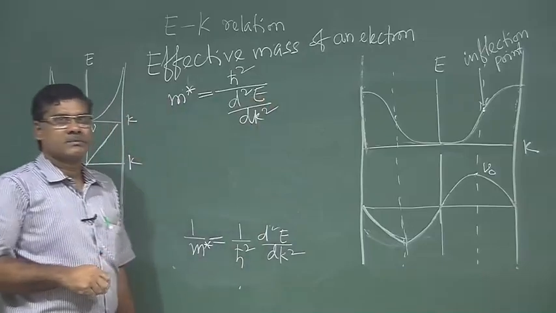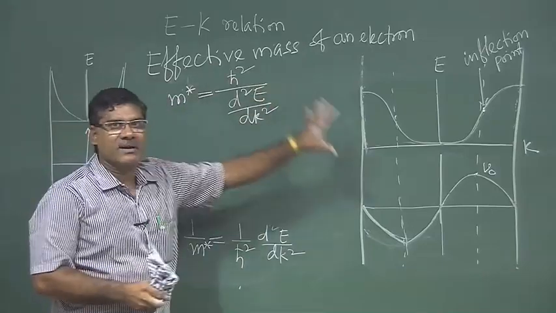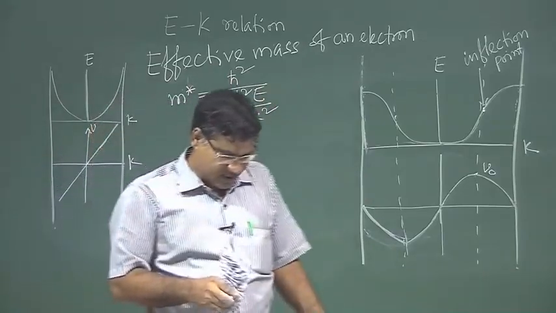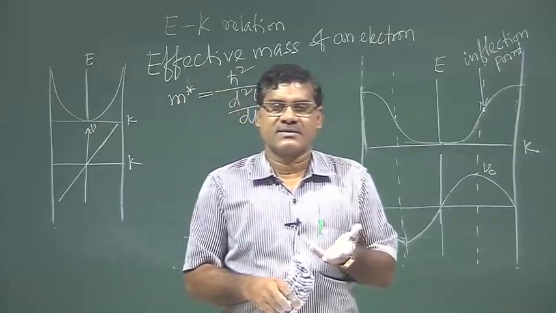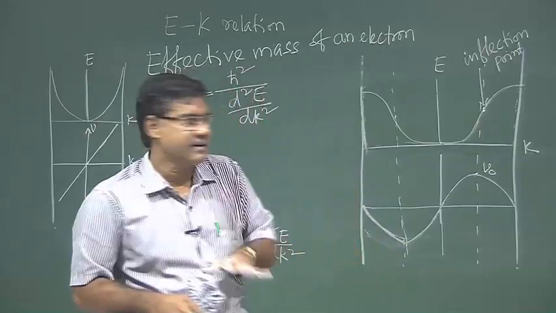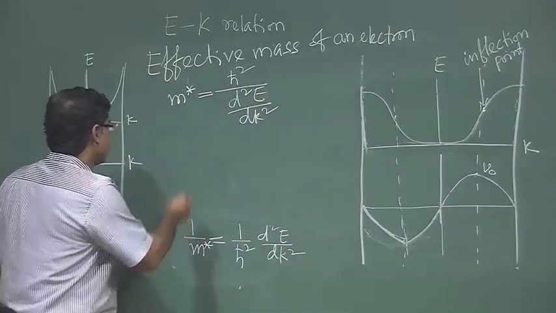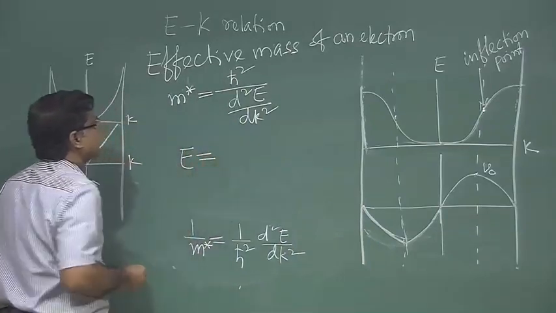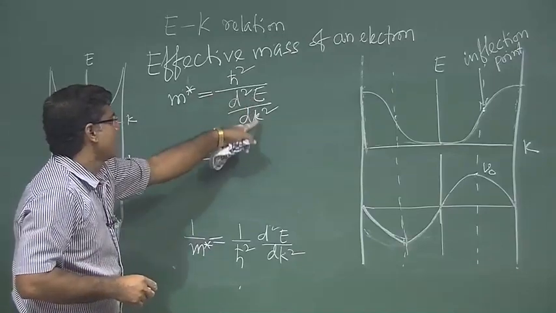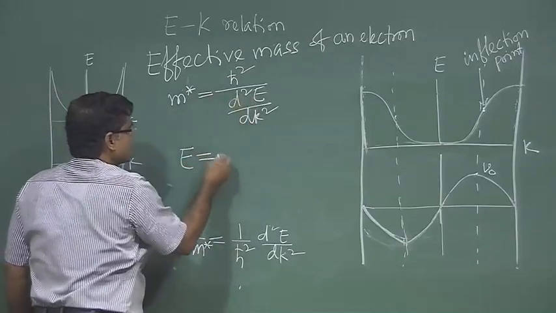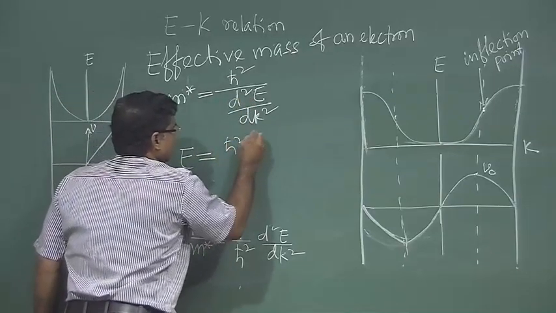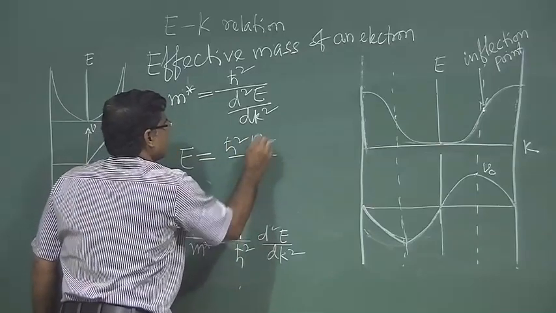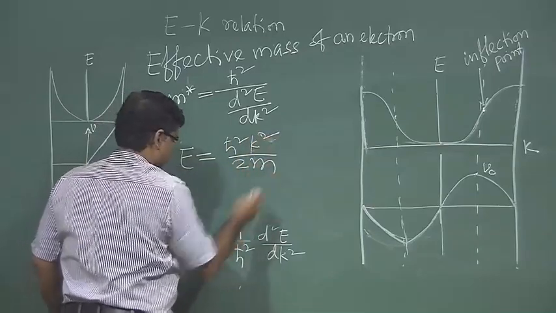Okay. So, this is again a general definition of mass, whether electron is free or it is in lattice, just check it. So, you know that for free electron I have to know the EK relation. So, that was h cross square k square by 2m, right.